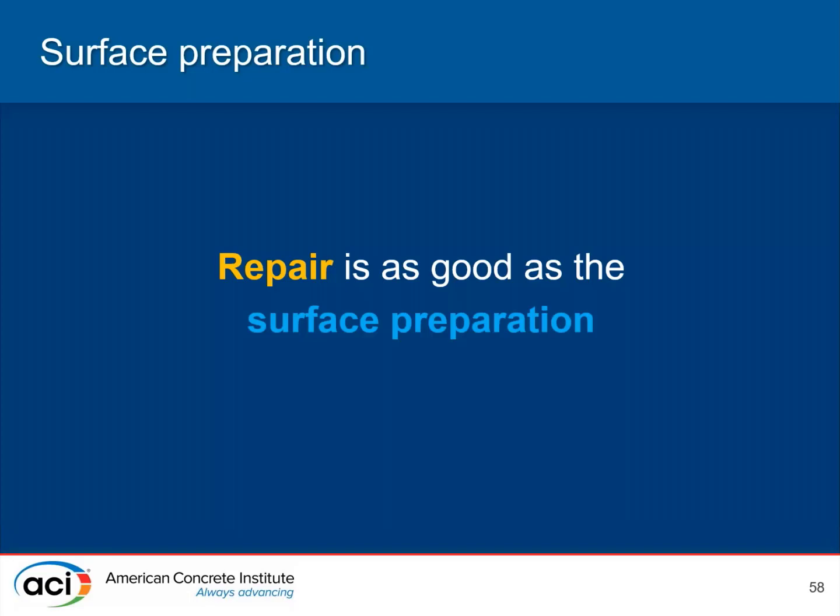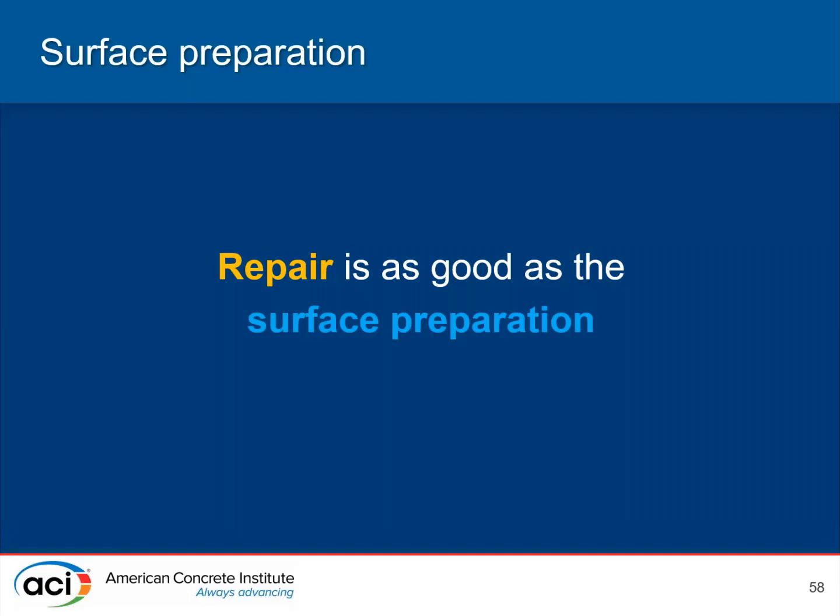When we look at repair materials, a lot of people are worried about what the compressive strength is, but the bond of the repair material to the substrate is of critical concern, and oftentimes much more important, given that the repair material is of quality and has a compressive strength commensurate with what is needed for the repair.